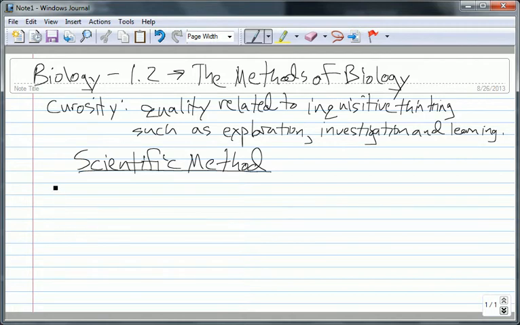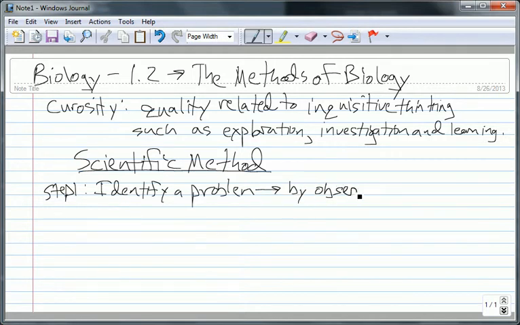Alright, so step 1. Step 1 is to identify a problem. This is usually done through observing our world. Observing the things that are working, the things that aren't working.